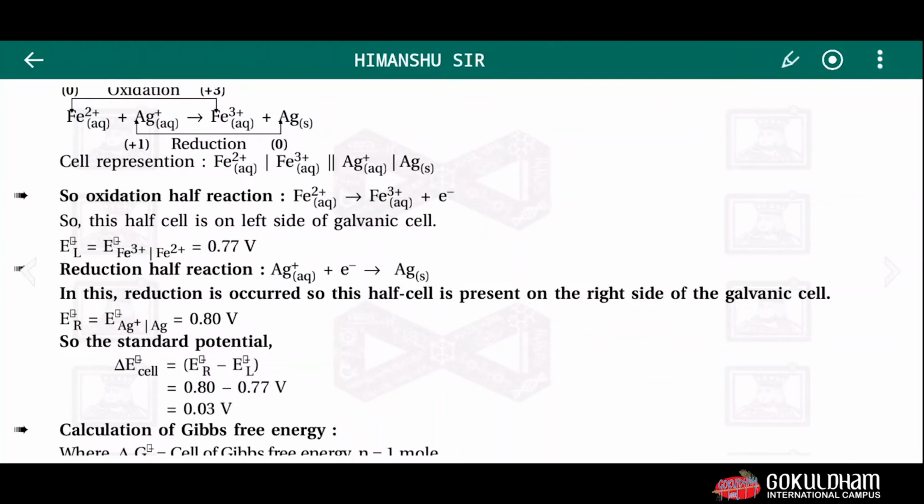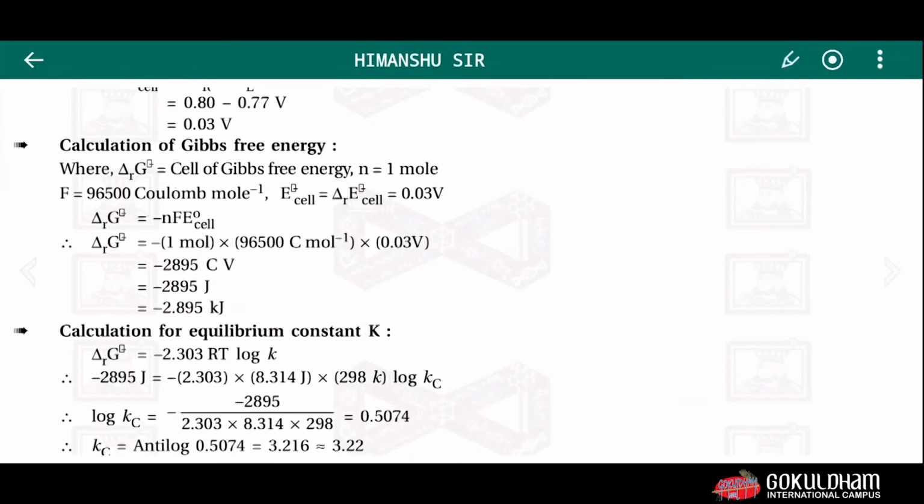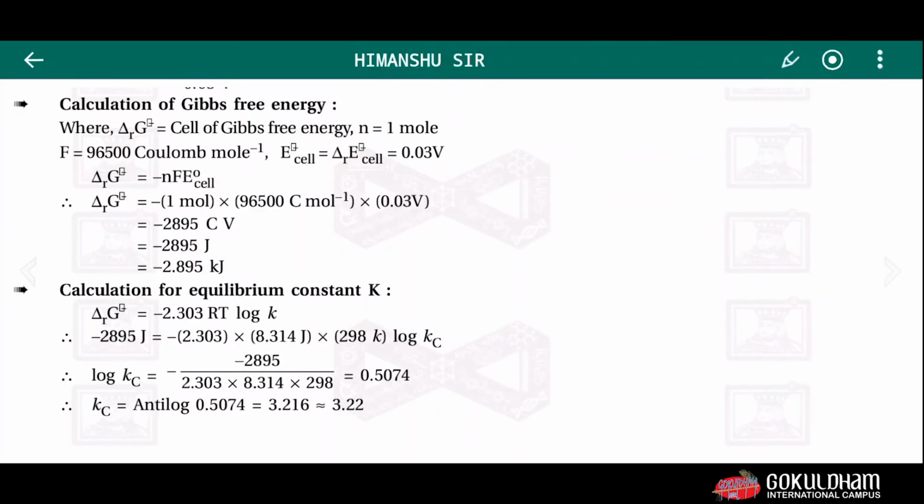So you can put in the equation E0 cell is equal to E0 R minus E0 L, and you can calculate the Gibbs energy from the equation delta rG0 is equal to minus nFE0 cell, and after that you can calculate the equilibrium constant the same as in our first case.